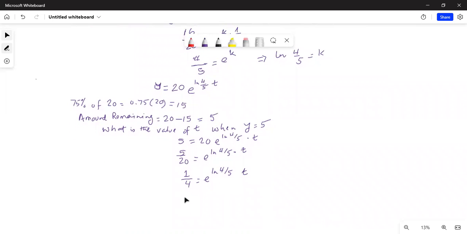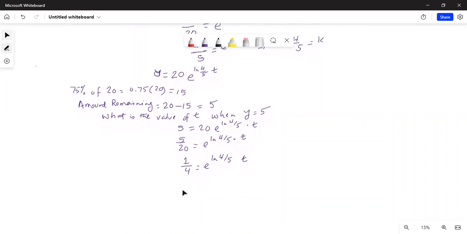We get ln of 1/4 is equal to ln 4/5 multiplied by t. Now we divide both sides by ln 4/5 to get ln of 1/4 divided by ln 4/5 is equal to t.